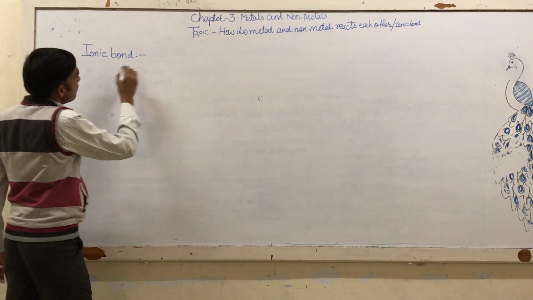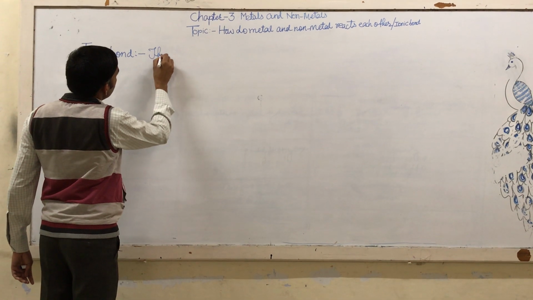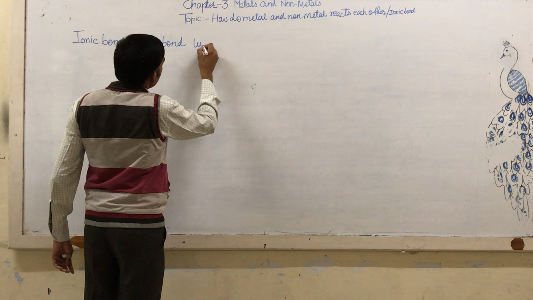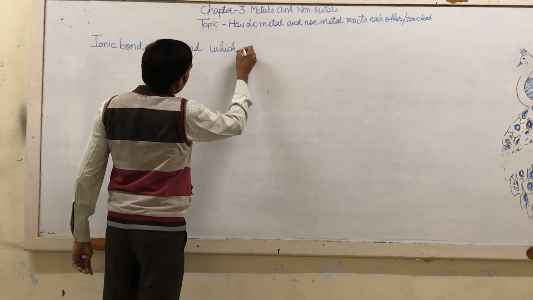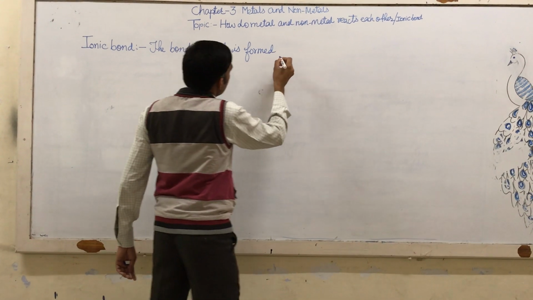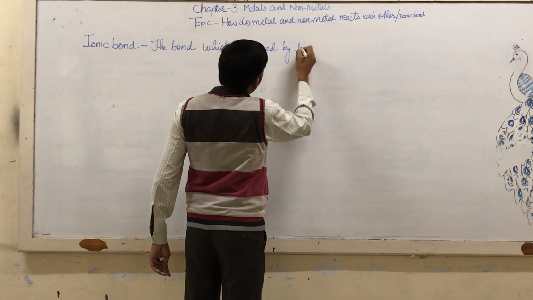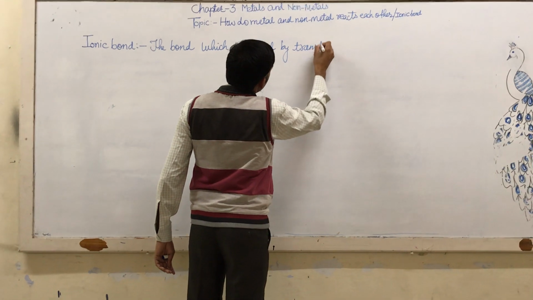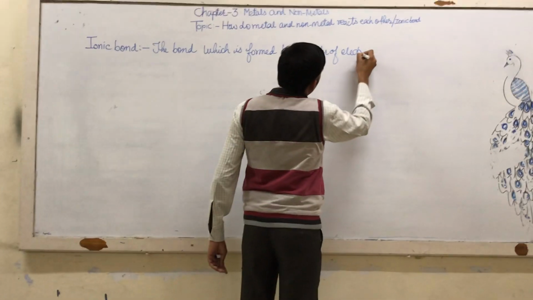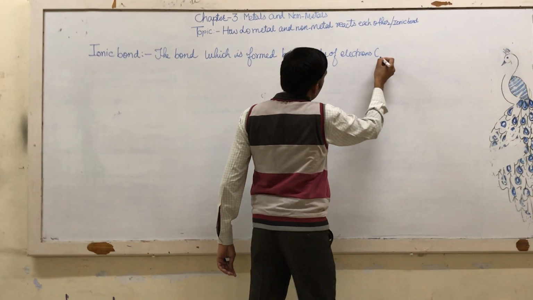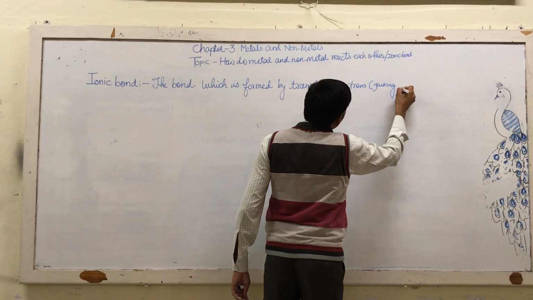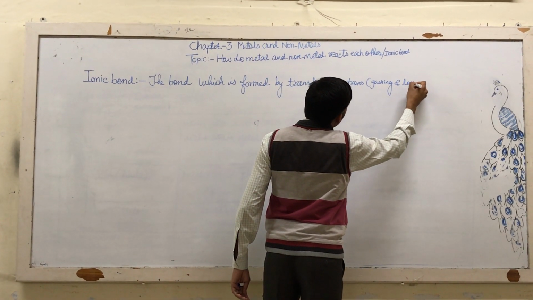The definition of an ionic bond: the bond which is formed by transfer of electrons. Transfer of electrons means gaining and losing.